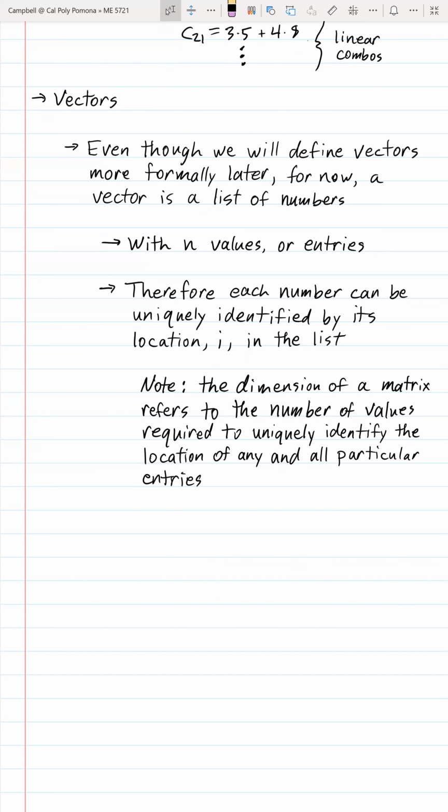We could uniquely identify all the values associated with that particular matrix. So since we needed two values, two quantities, it's a two-dimensional matrix.